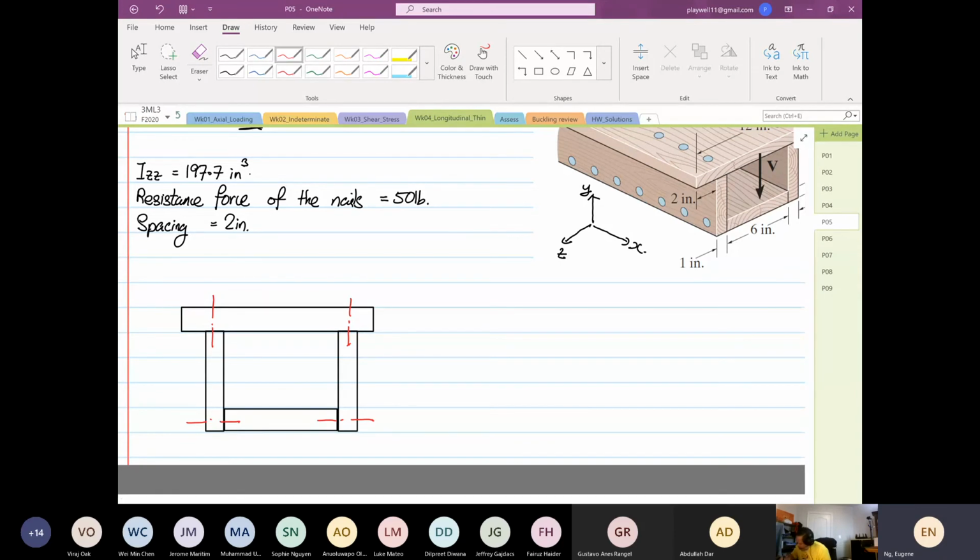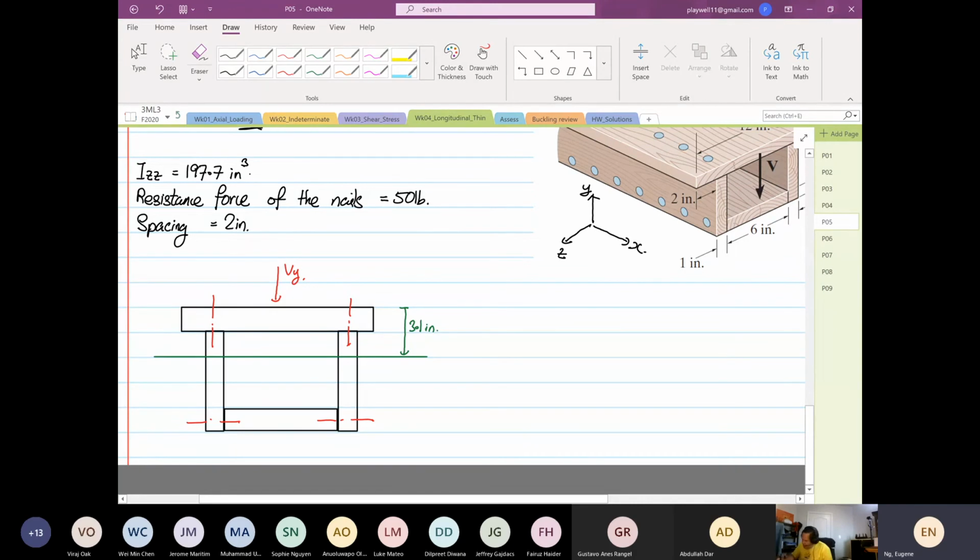And then we have our VY. Then there's a centroid. For this question, you also have to find the centroid. You guys know how to find the centroid, I don't want to waste time. So from the top, 2.1 inches. So that is the position of the centroid.